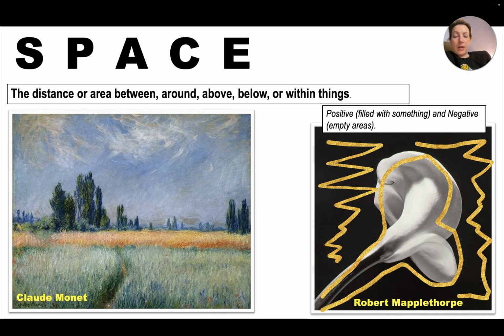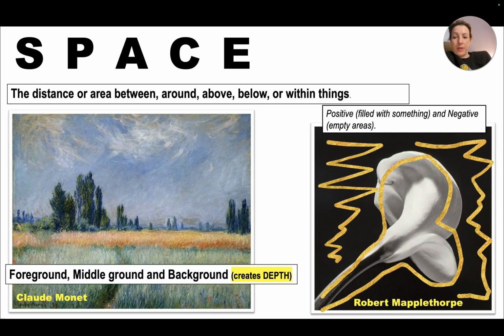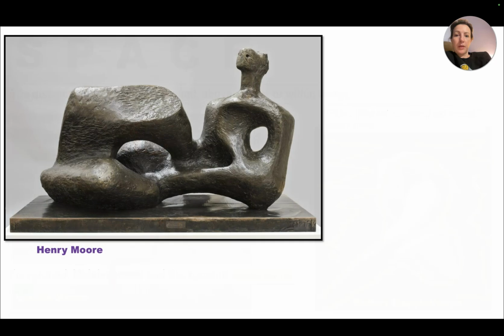So in this painting by Claude Monet, you can also experience or describe space as distance in your work. So foreground, middle ground, and background. And what that does is creates depth. So the background is furthest, the middle ground is in the middle, and then the foreground is in the front. And you can create this in a variety of ways.